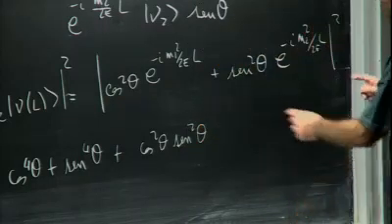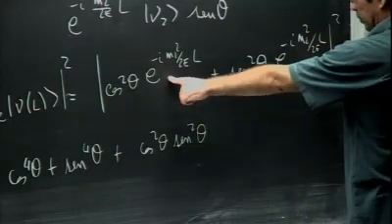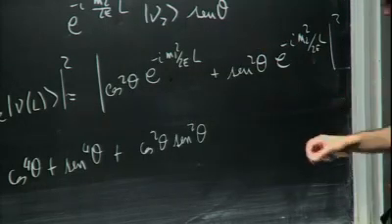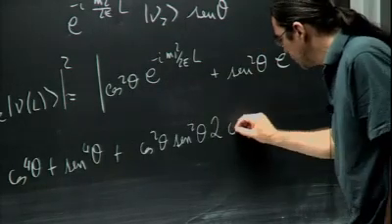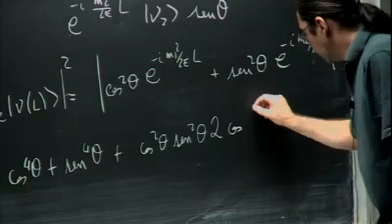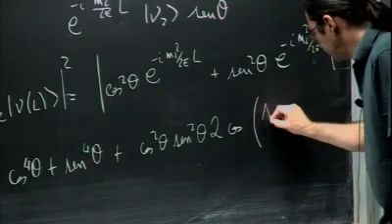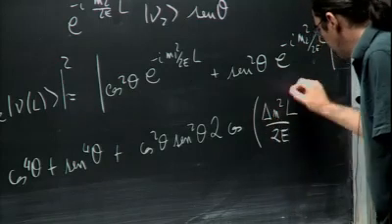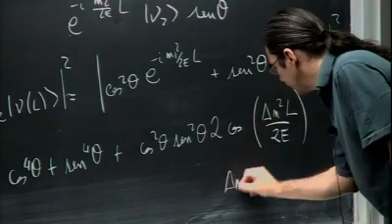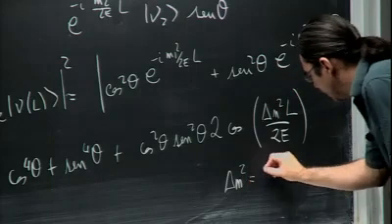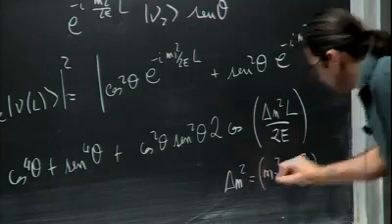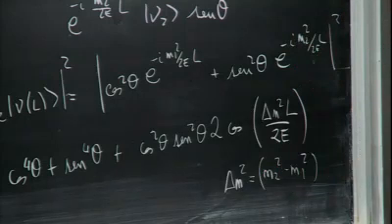Then you get, remember, the difference between those two phases here, plus the complex conjugate of that. That looks like 2 times cosine of delta m squared L over 2E, where delta m squared is m2 squared minus m1 squared. Okay? So does everybody see all of that?